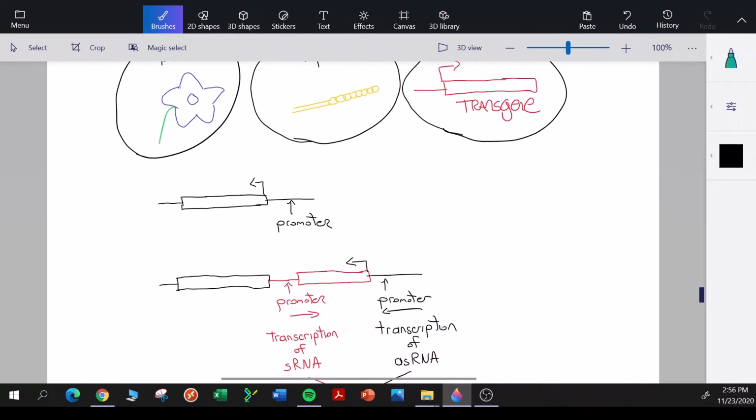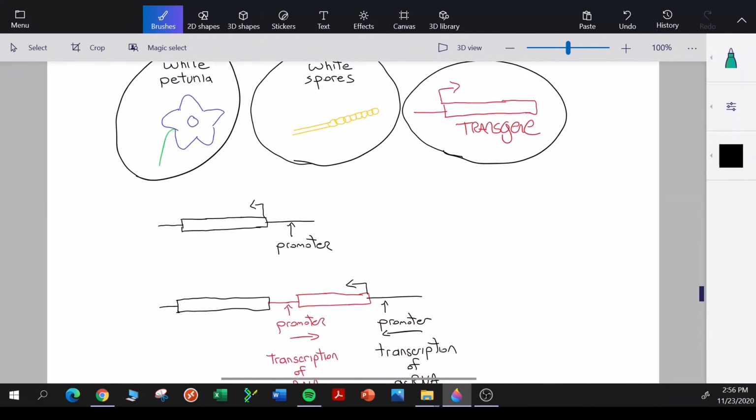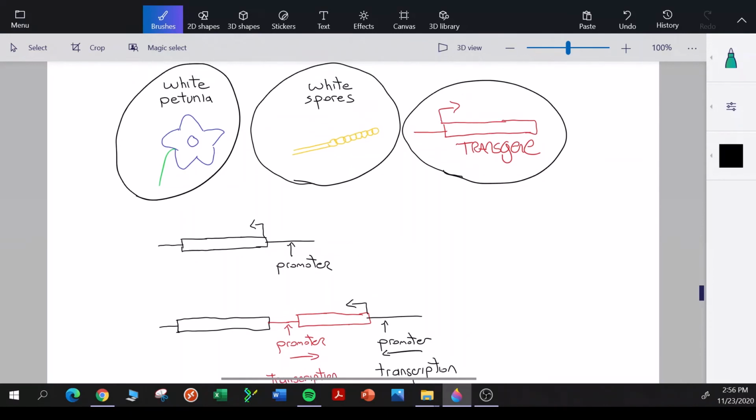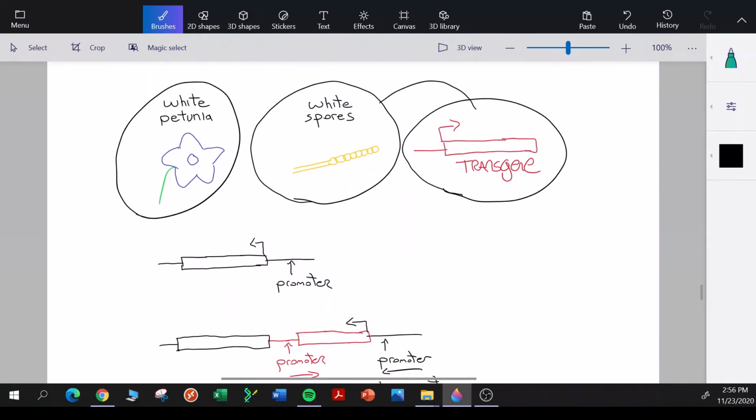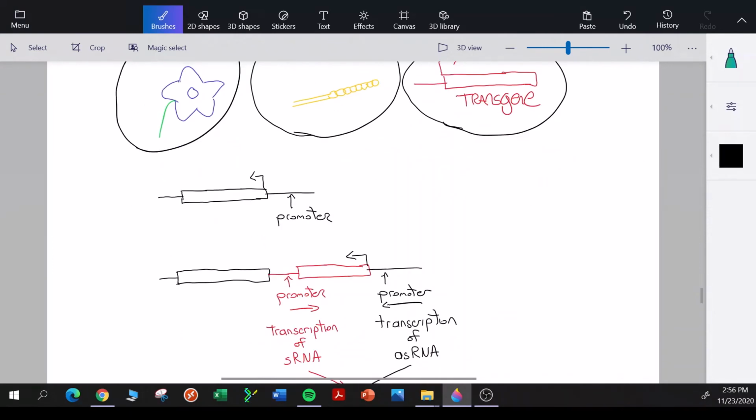The larger the number of copies in the organism, the more likely the researchers were to see these white phenotypes. And what we think is that, for example, let's say this is a random location in either petunia or the fungus Neurospora crassa. So this is a gene, just a normal gene in there.